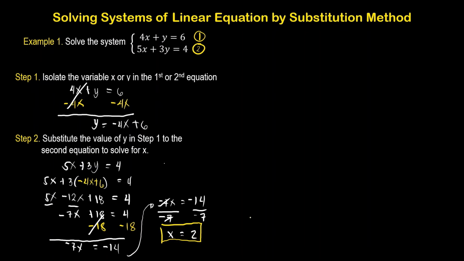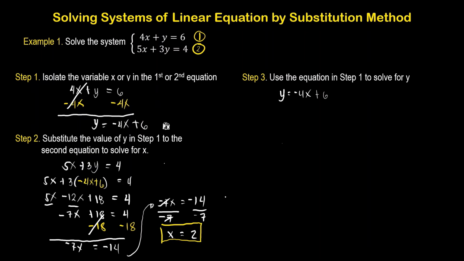So ang gagawin natin next is to solve for the value of y. And yan ang step 3 natin na kung saan gagamitin natin ang equation in step 1 to solve for y. So that means gagamitin natin to para ma-solve natin yung value ng y natin. So i-copy lang muna natin to. Y is equal to negative 4x plus 6.